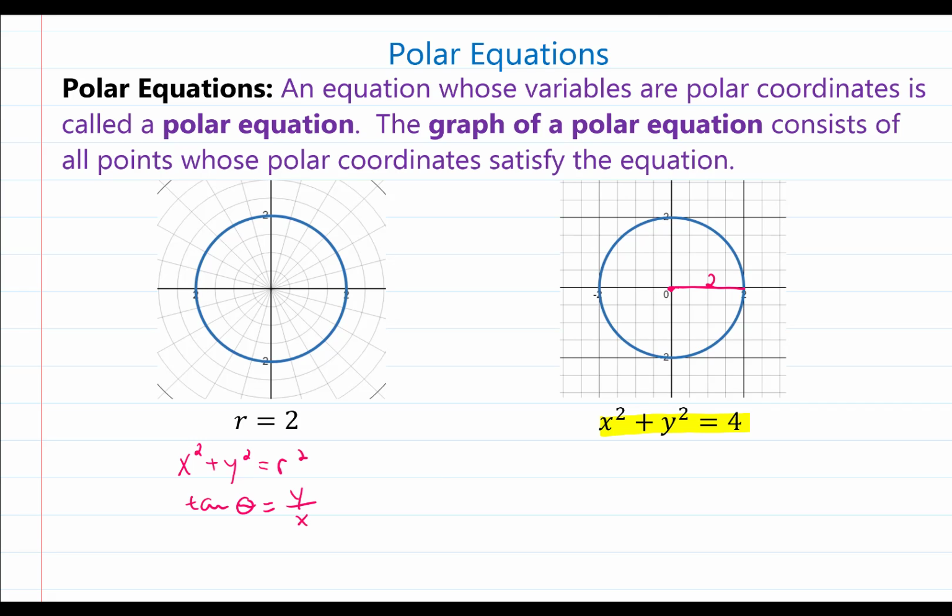Another formula we'll need is sine of angle theta is equal to y over r, which we then multiply both sides by r to get a more user-friendly formula of y equals r times sine of angle theta. Likewise, we have cosine of angle theta is equal to x over r. One more time, multiplying both sides by r results in a better version of that formula, which is x is equal to r times cosine of angle theta.